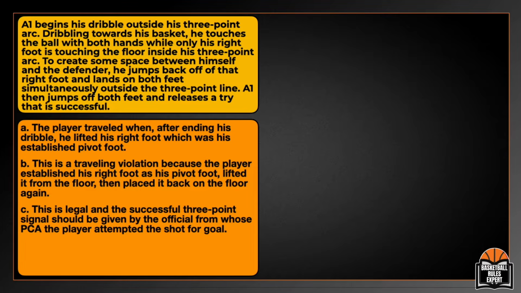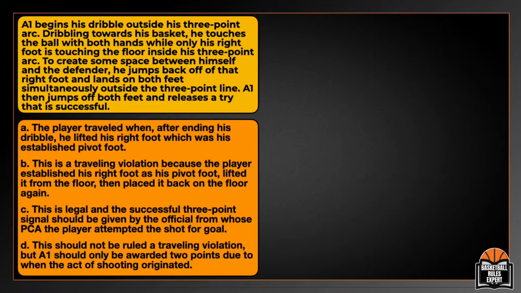C, this is legal, and the successful three-point signal should be given by the official from whose PCA the player attempted the shot for goal. Or D, this should not be ruled a traveling violation, but A1 should only be awarded 2 points due to when the act of shooting originated.